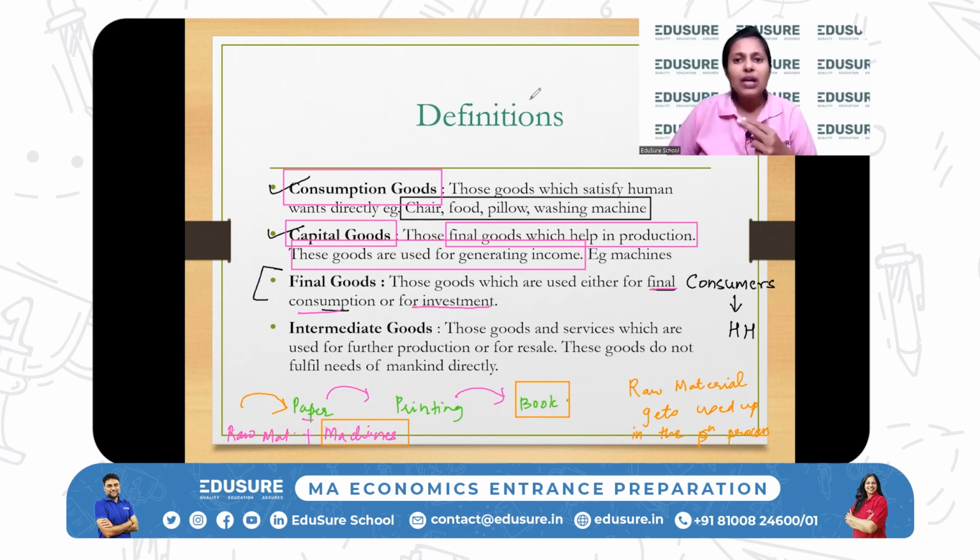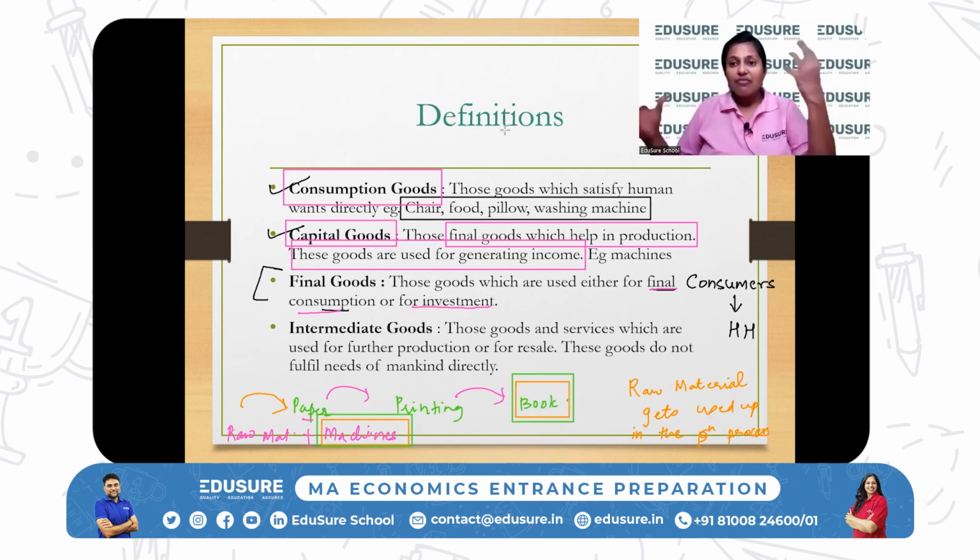Okay, so both are final goods and services, and the value of both is included in national income, because at the end of the production process, you have a book remaining which you can show that, see, this is what I produced, and you have a machine remaining which you can show that this is what I have. Everything else which is consumed and finished is not included again. That's part of the raw material. It is part of the book.